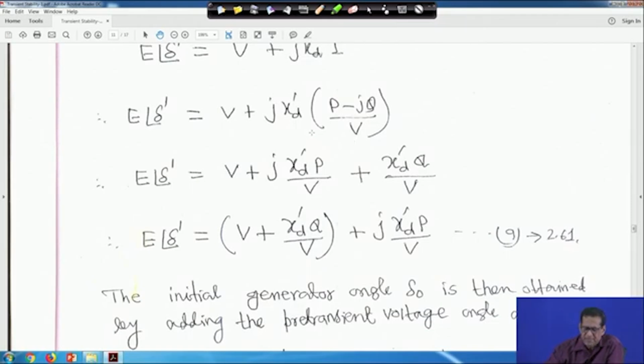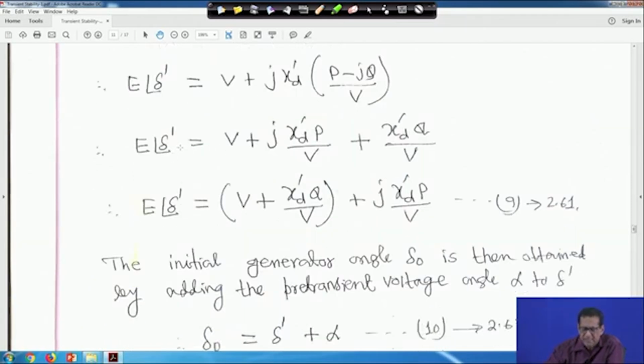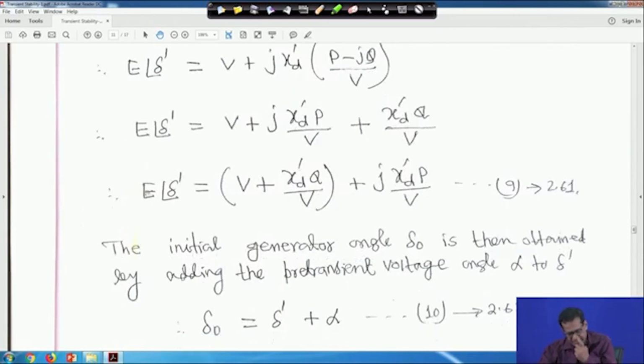Now, you just multiply, then you will get E angle delta dash is equal to V plus jXd dash P upon V plus Xd dash Q upon V, or E angle delta dash is equal to V plus Xd dash Q upon V plus jXd dash P upon V.